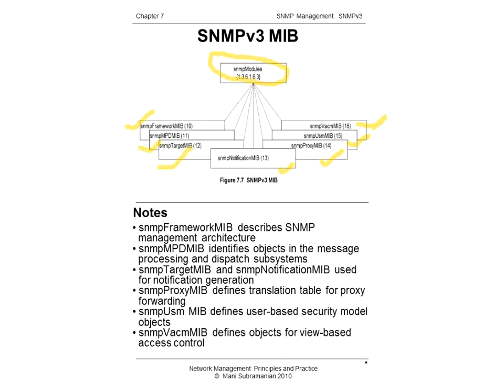Then we have 3 groups defined under SNMP modules for applications. They are SNMP target MIB node number 12 and SNMP notification MIB node number 13 and SNMP proxy MIB node number 14. So the first 2 are used for notification generator.